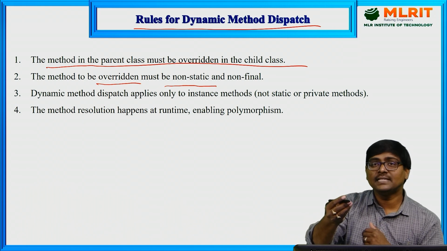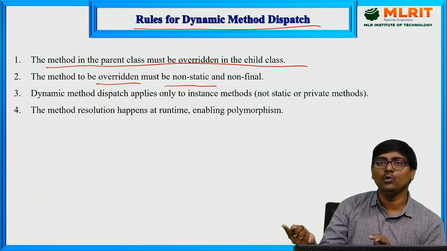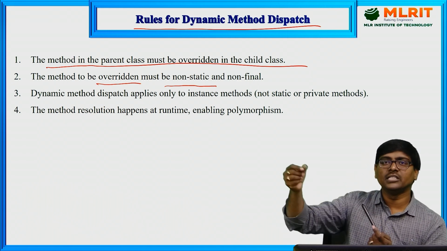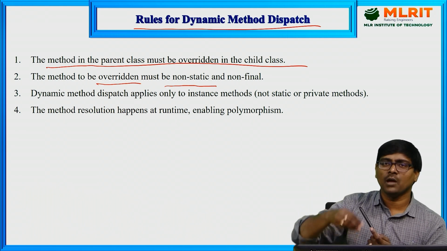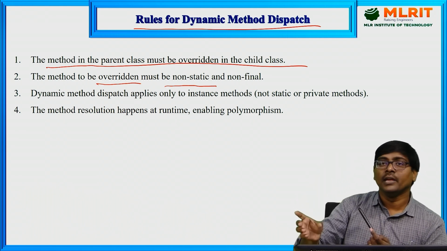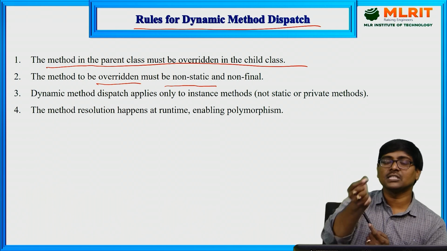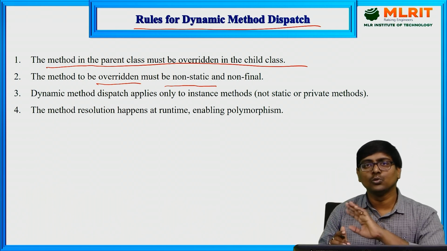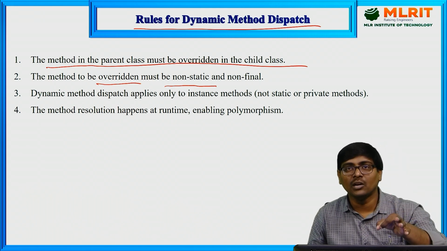If it is a static method, static methods are accessed by using the class name, like Child.display, assuming display is a static method. Obviously it calls the display method. Here you need to create an object, and the object is assigned to some parent reference variable. If it is static, these two things do not happen. It must be an instance method only.